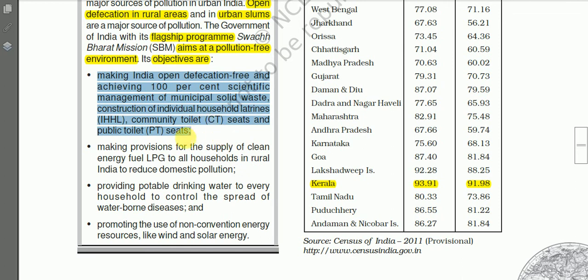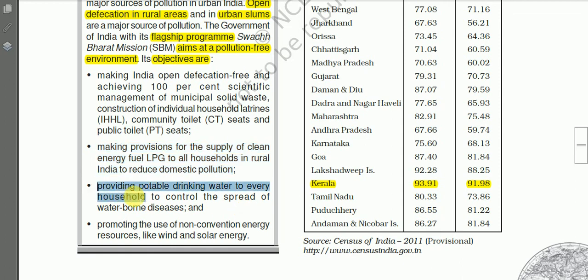Then making provisions for the supply of clean energy fuel, that is LPG, liquefied petroleum gas, to all the households in rural India to reduce domestic pollution. We know that when we use coal, firewood, cow dung for cooking, it pollutes the environment. So if we use LPG, it is fuel efficient and less polluting.